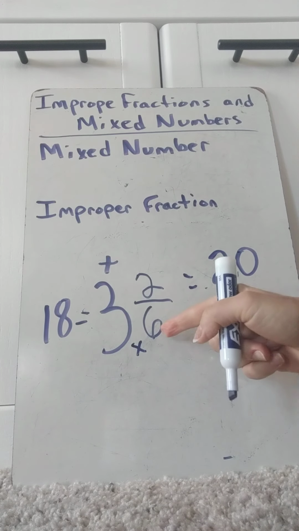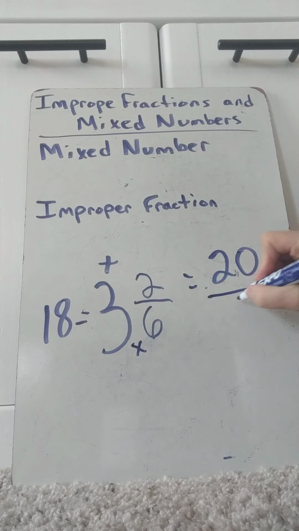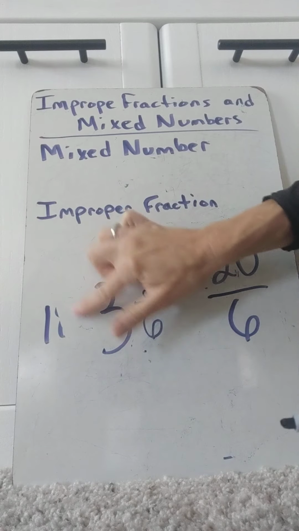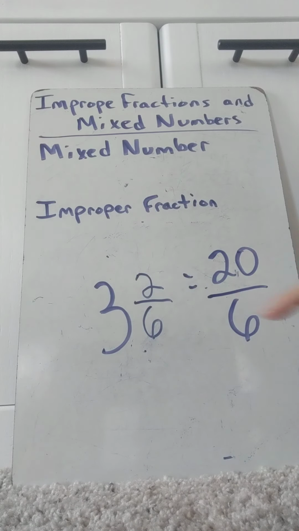And then I stay in 6. My denominator stays the same. It doesn't change. So I just changed, and I'll erase this now so you can see it. Okay, 3 2/6 is equal to 20/6.